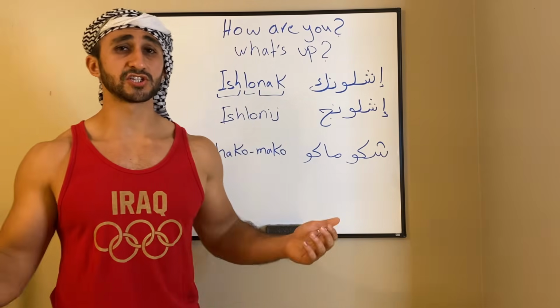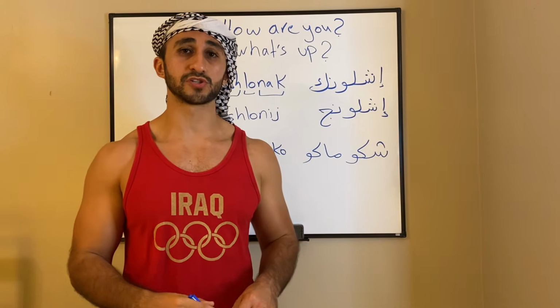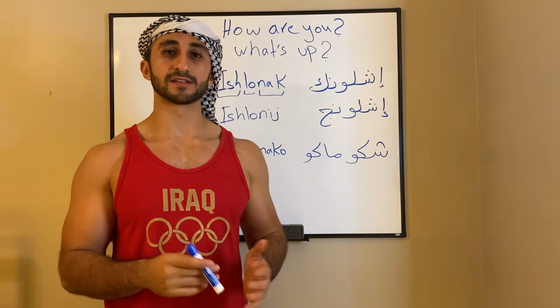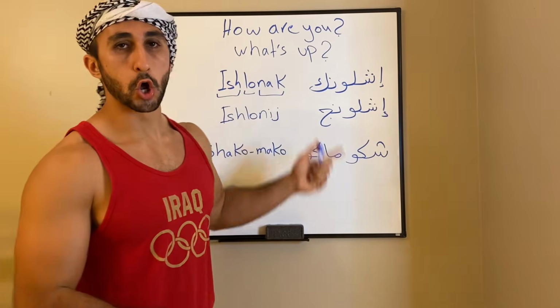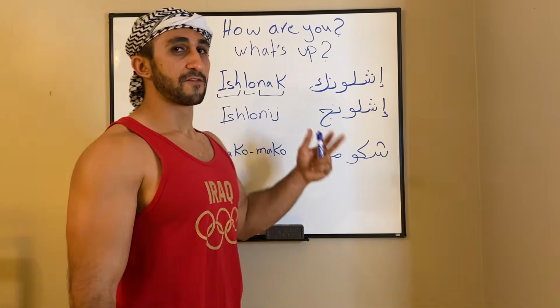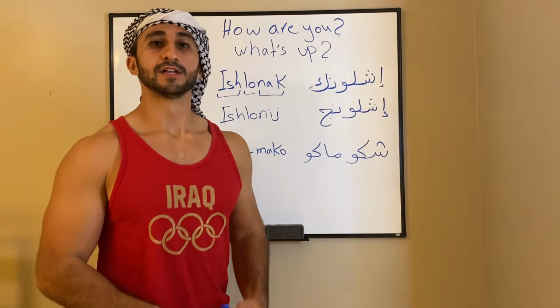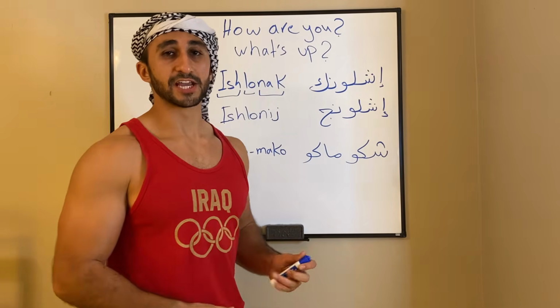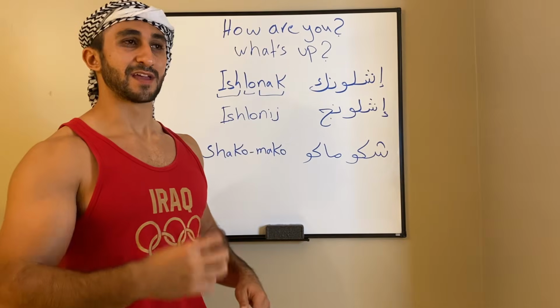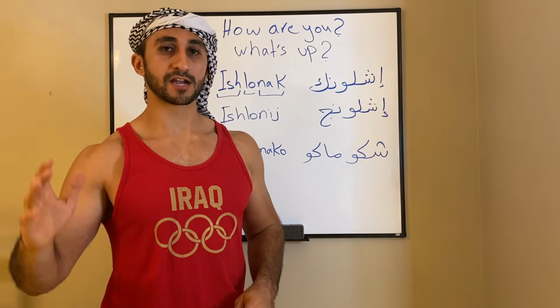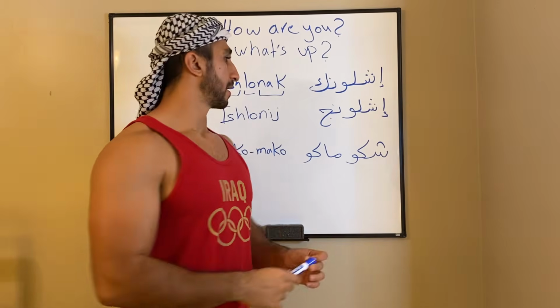Arabic is just like Spanish and some other languages where male and female have a different way of saying things. Ishlonek is for male. For female, we just change the last letter. In the Iraqi dialect, we would say ishlonich. There's a ch sound at the end that not a lot of countries use.